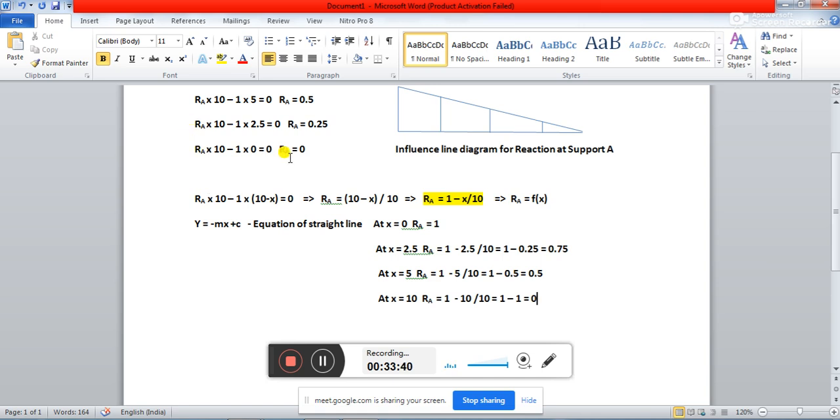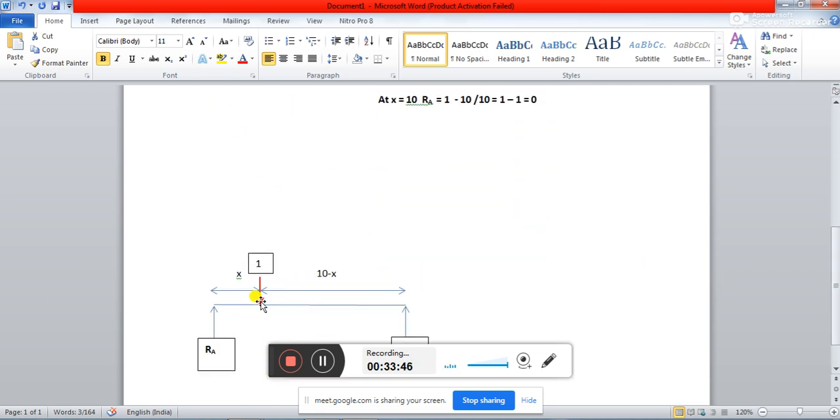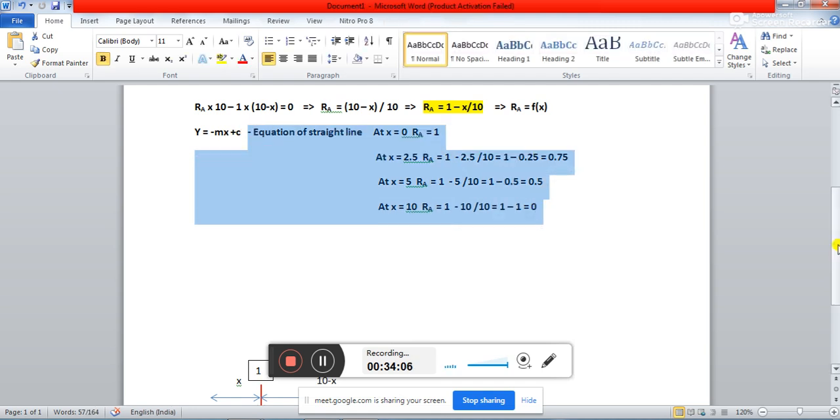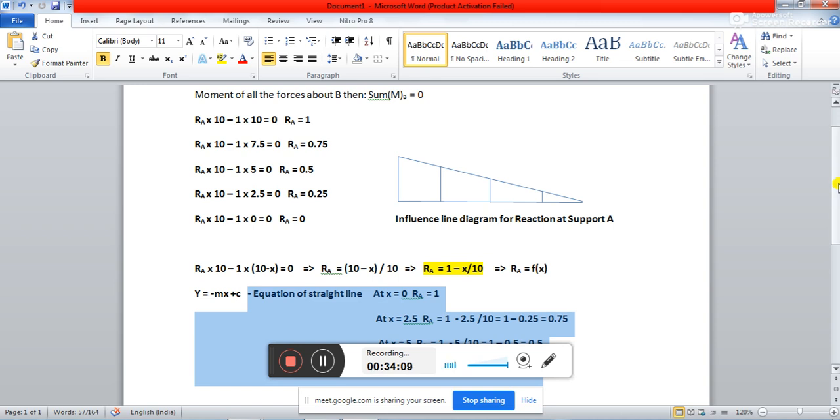So when the load is moving its position and x becomes equal to 10, the value of RA becomes equal to 0. And thus, with this equation of a straight line, we should very easily be able to calculate or plot the diagram of the influence line.